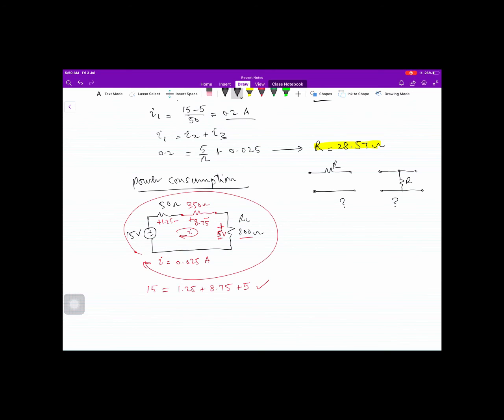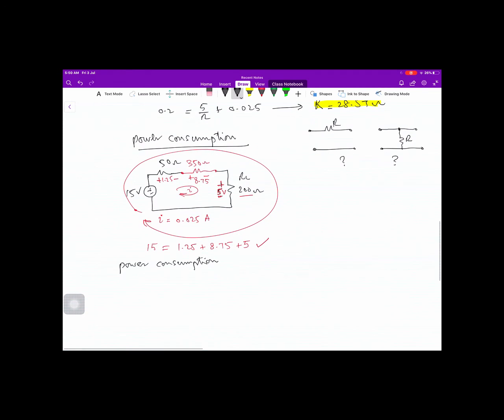Now calculate power consumption. Now the power consumption across 50 ohm resistance. Power is the product of V and I, it is V square over R, it is I square multiplied by R. We can use any expression.